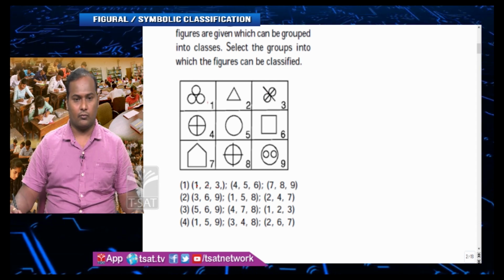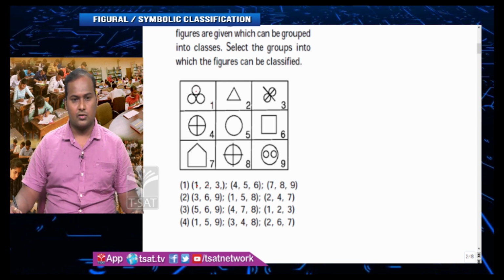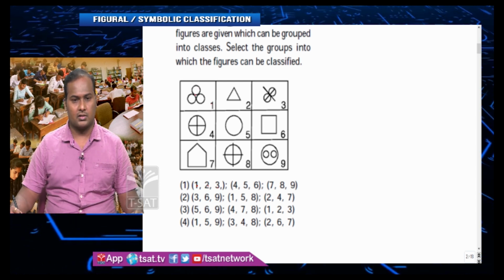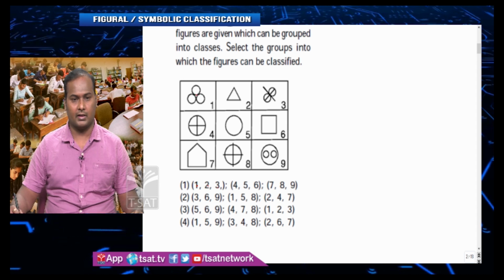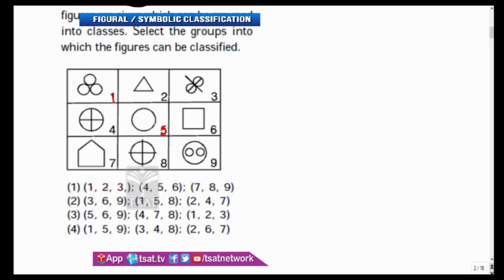In block 1, you have a circle. So find out in which other figures you can find a circle, that is 1, 5 and 9. In these 3 cases I can see circles. So based upon the character of circle, 1, 5, 9 will become one particular group.